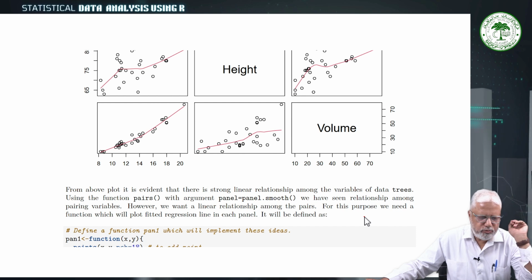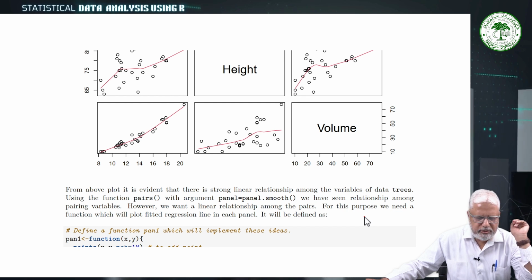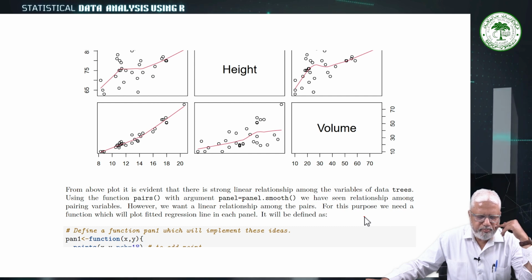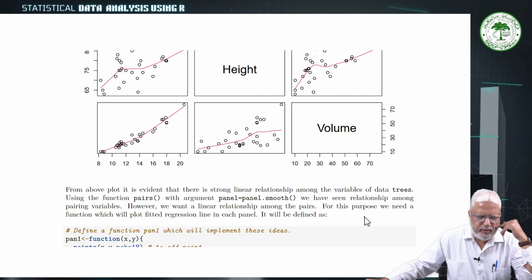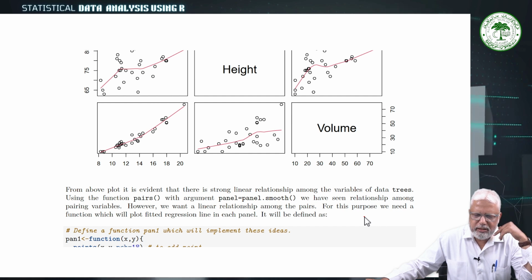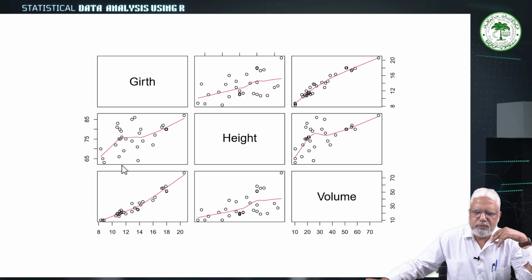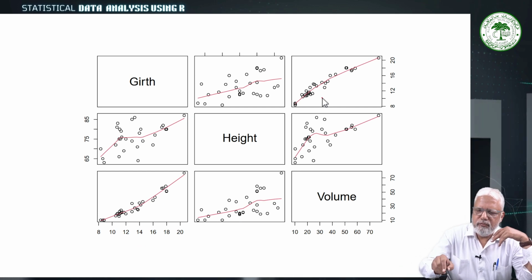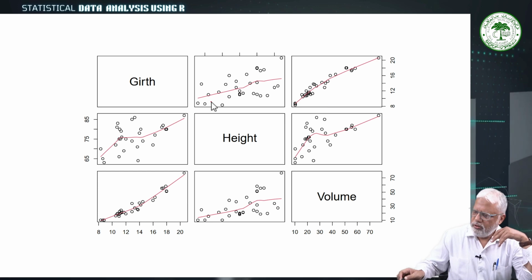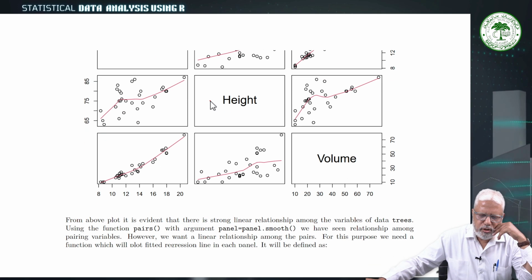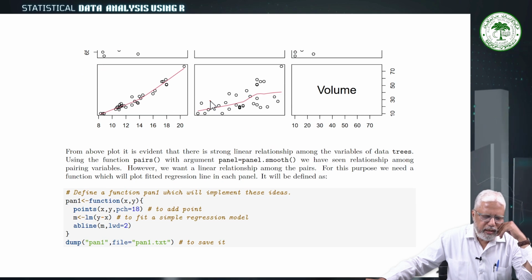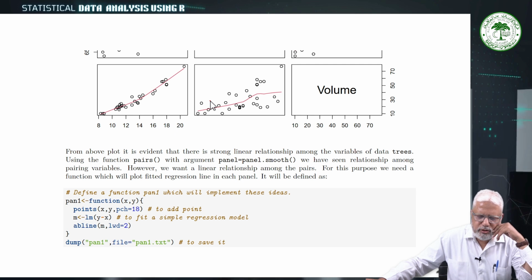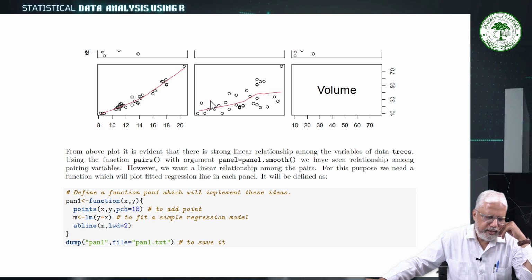For this purpose, we need a function which will plot the fitted regression line in each panel. So in each panel, in these panels, we want a linear regression line. So for that, what we have to do? We have to define a function, naming it pan1, which will implement these ideas.